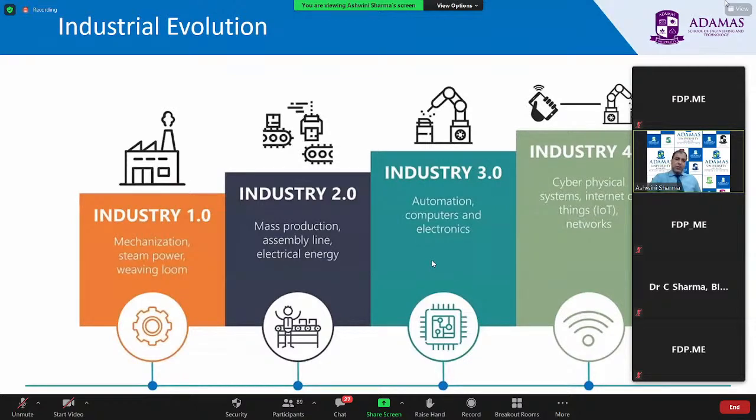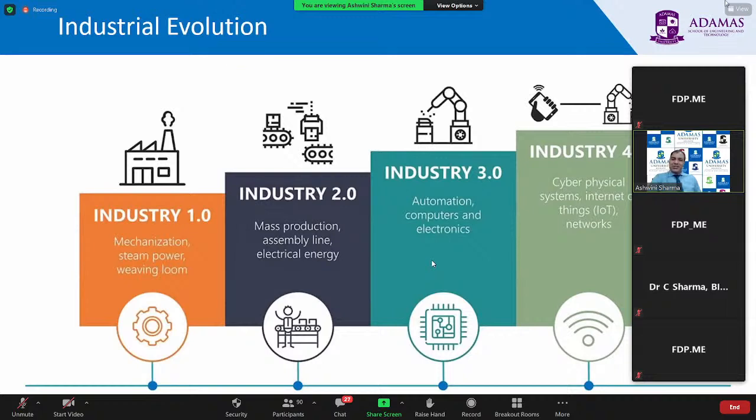Industry 2.0 considers mass production, assembly line, electrical energy aspects of it. So you can think of 1870 as the production of cars, when they started manufacturing the Ford T model, or maybe the model invented by McDonald.